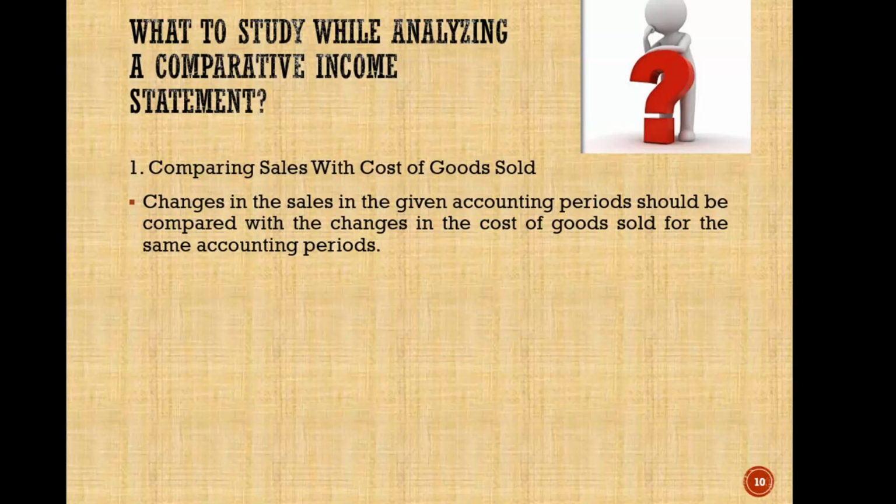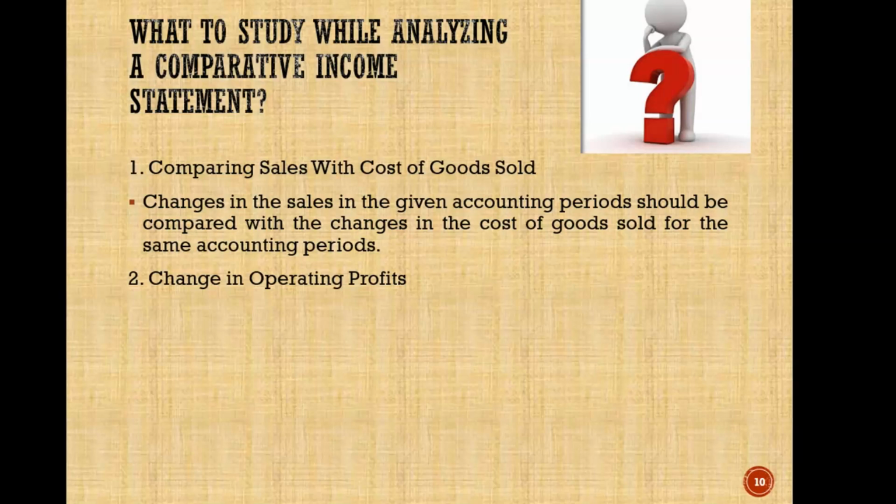Now, cost of goods sold is nothing but the expenses incurred on the goods during the manufacturing phase or its trading phase. By comparing this, we come to know how much increase there is in sales or in the business during a given accounting period.